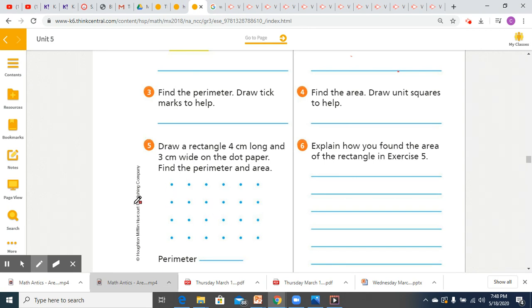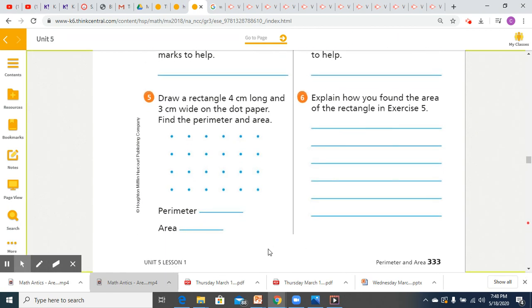Okay, and now it's asking you to find the perimeter and the area, okay? Perimeter and area. Now remember that you need to count the unit squares that you see in one side and in the other side, and then you're going to add them all together to find the perimeter.